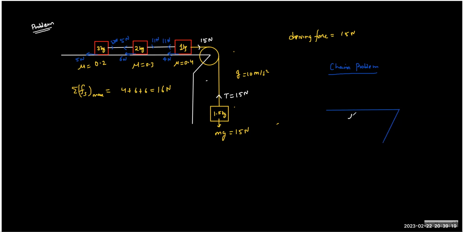And it's a rough table. So the total length is L, but out of L length, X is hanging and L minus X is on the table.